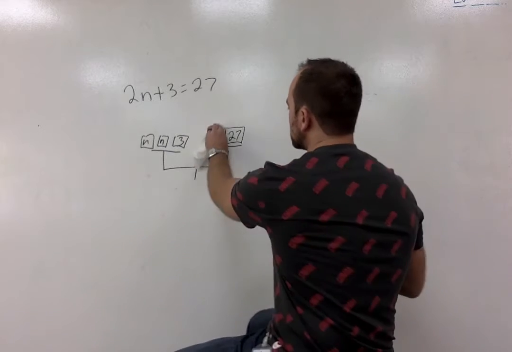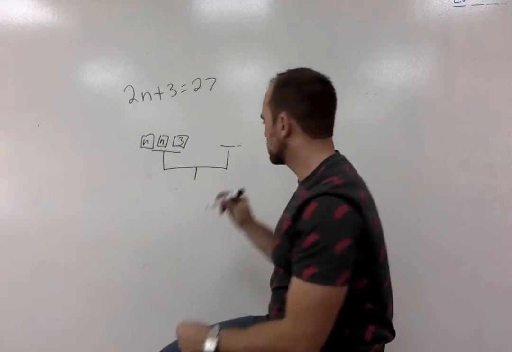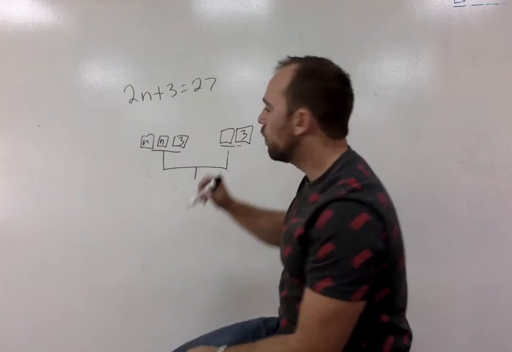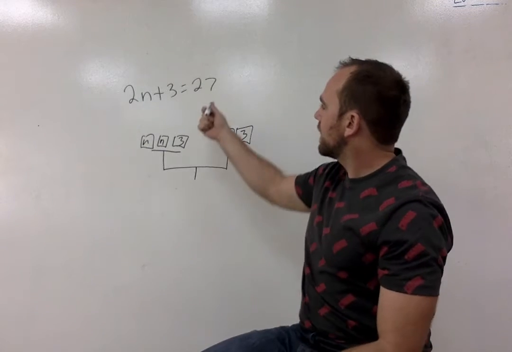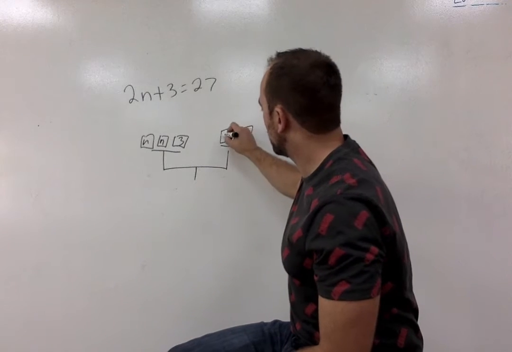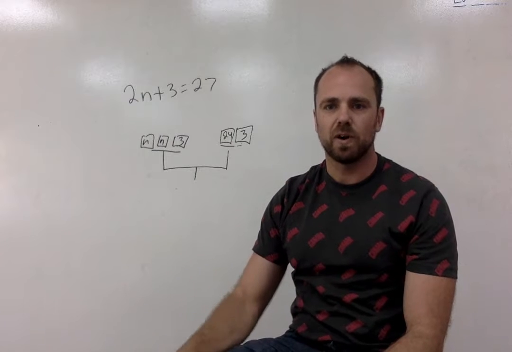So if I change this from one weight to two weights, one of them is going to be the 3. Then I have to go 27, subtract 3, and I end up getting 24. So my other weight is 24.